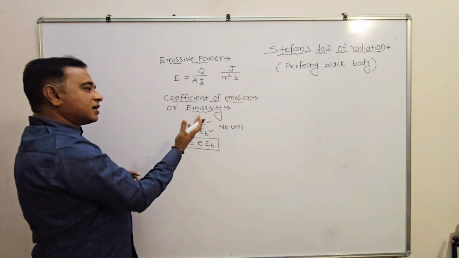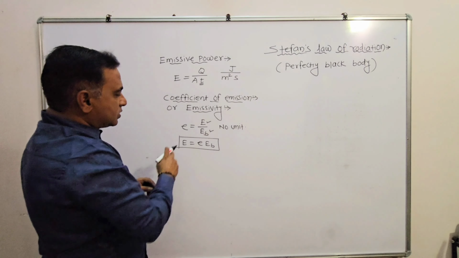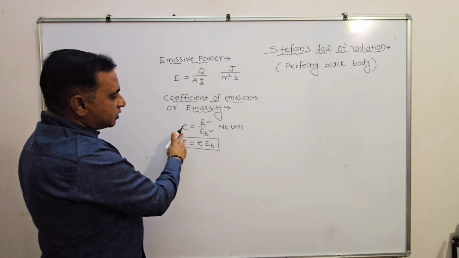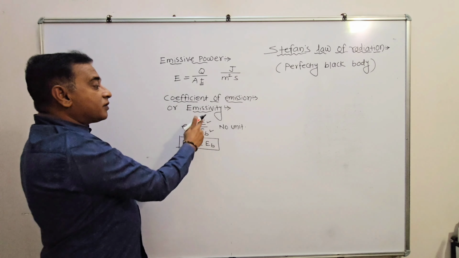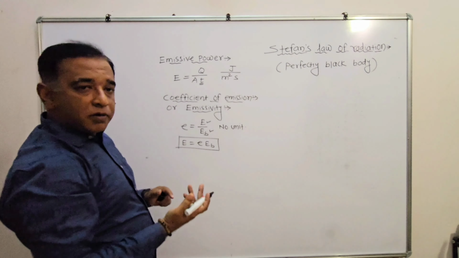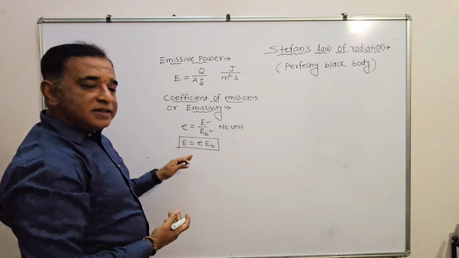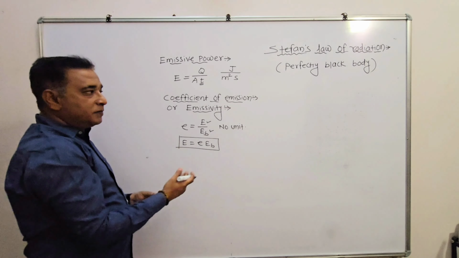The coefficient of emission, which we can also term emissivity, is the ratio of the emissive power of a general body to the emissive power of a black body. It is a ratio of similar quantities, so no unit. So E is equal to e into E B.